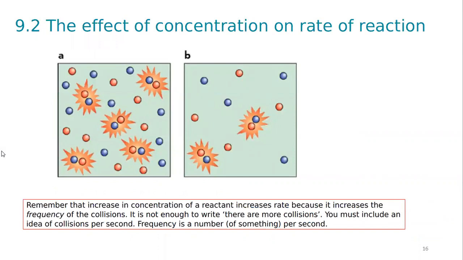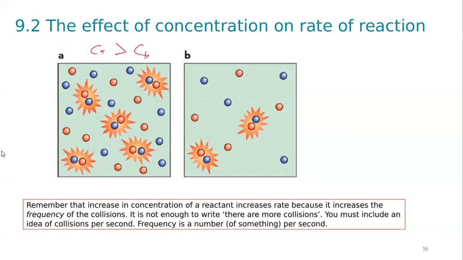Okay, let's look at the effect of concentration on rate of reaction. In figures A and B, in A you have more reactant and in B less reactant. So A has high concentration, CA higher than CB, for example.